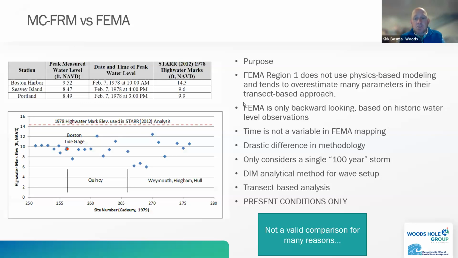One of the big differences we see is it's not a time-variable mapping effort. What that means is if FEMA says the high water elevation gets to 10, that basically means if the water can get to that area, it's going to get to that area, meaning it stays at 10. That peak stays at 10 as long as it needs to flow to that area.